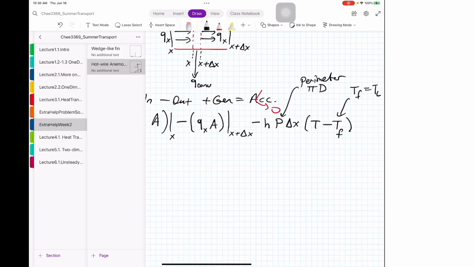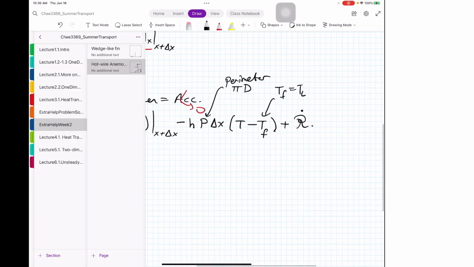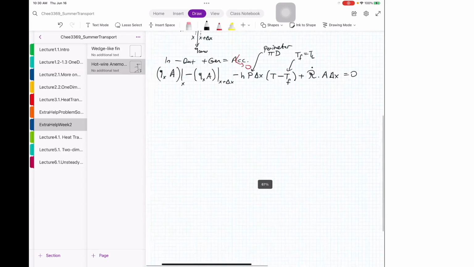Okay. That's equal to, we also have a generation, plus the volumetric generation rate times the volume of the shell. The volume of the shell is the cross-sectional area times the thickness. That's equal to 0.